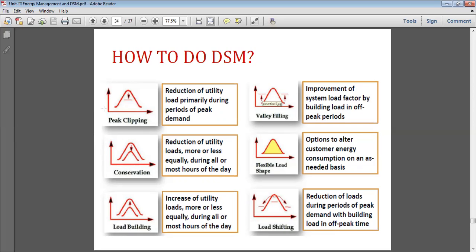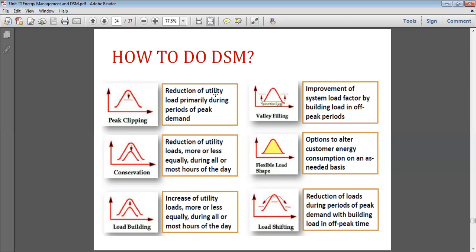On the x-axis it represents the time, and here it represents the demand. Definitely, it is a symbolic representation. Here there is a hill, where the maximum demand occurs, and we want to reduce that maximum demand by peak clipping.